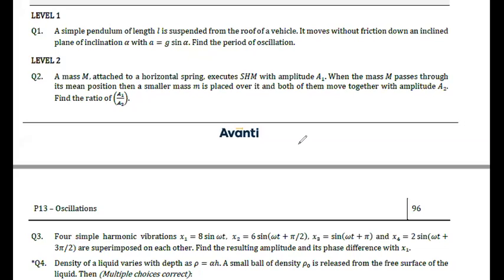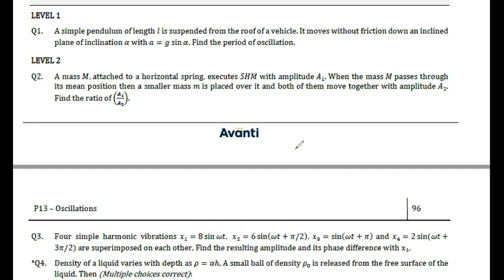How many of you felt that there should be the concept of conservation of momentum in question number 2? We have seen problems like this. When it is moving and then a mass is kept over it, you are asked to find the velocity.